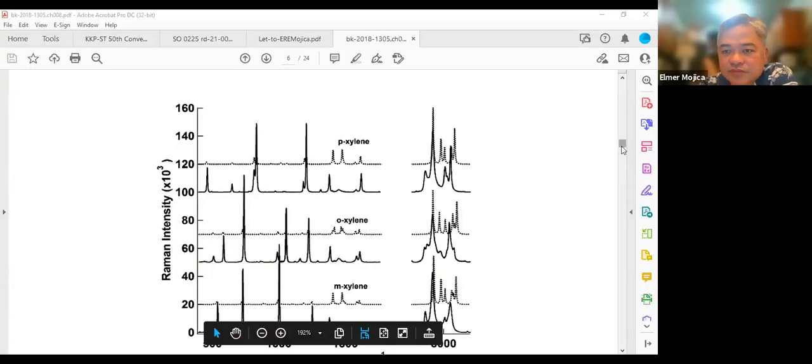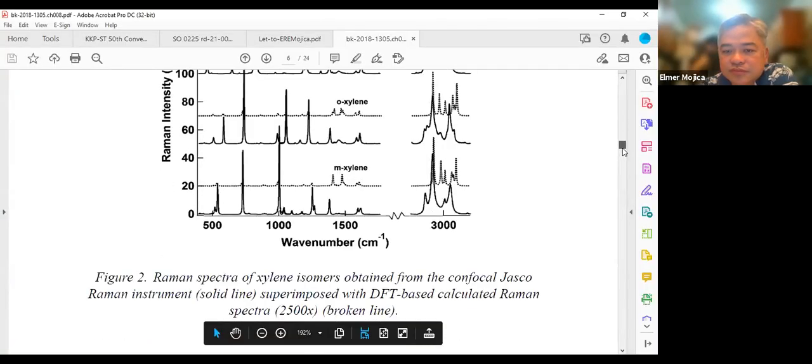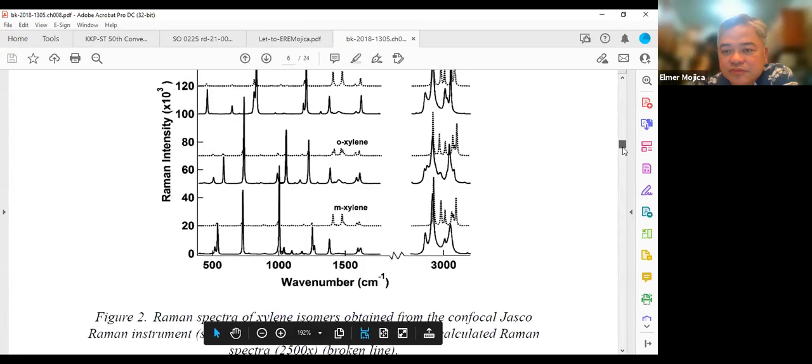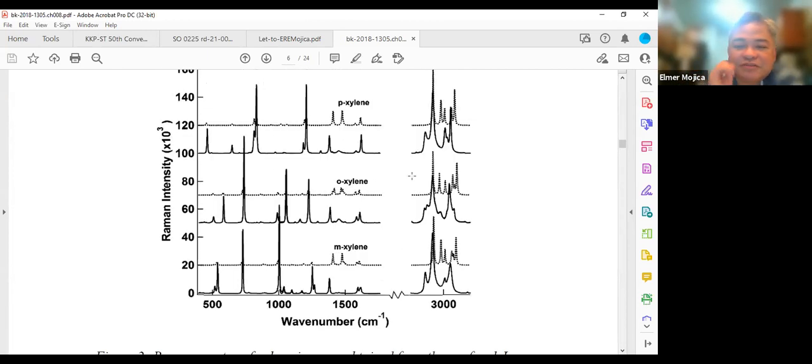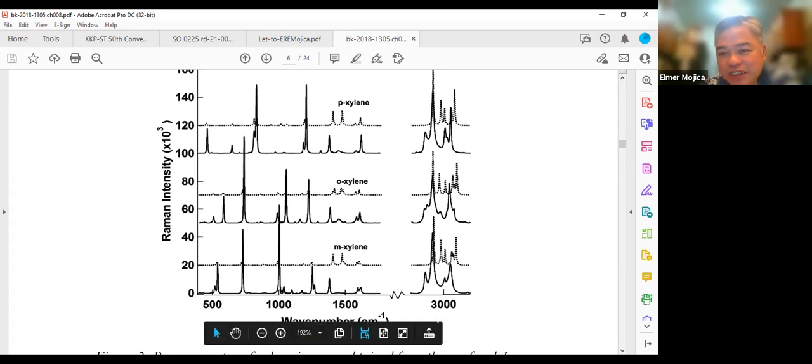So if we go back here, each of these peaks corresponds to a functional group of your structure. So usually the 3,000 will be what? What functional group is at 3,000?